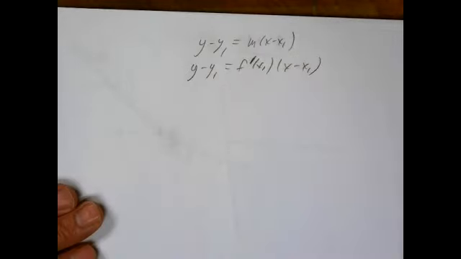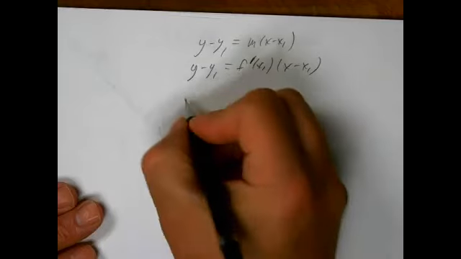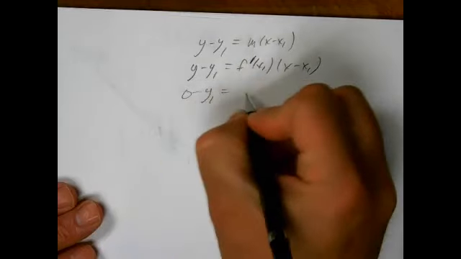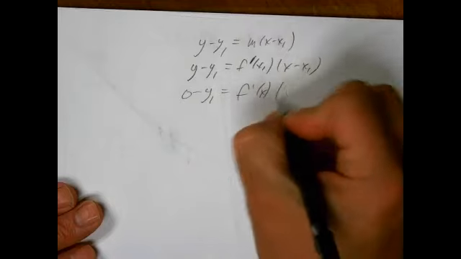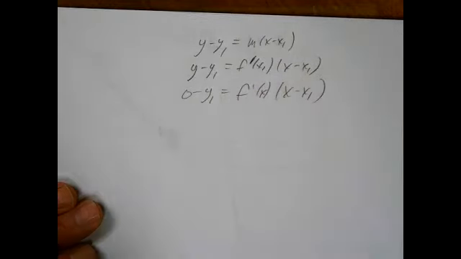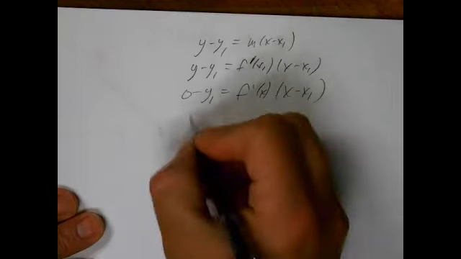The next thing we're going to do is assume that we're looking for an x-intercept. When you find an x-intercept, you plug in a 0 for y, so we'll do that. Then your y value is going to be determined by the function.